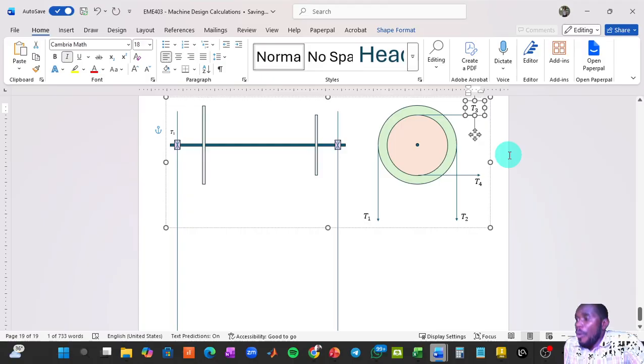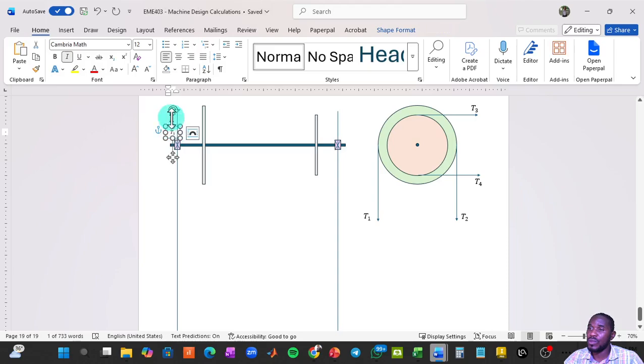Now I do the same to this one. Then let's call that point A, and I will copy and paste and take it to the other side. It's a bit slow, it's getting sluggish.